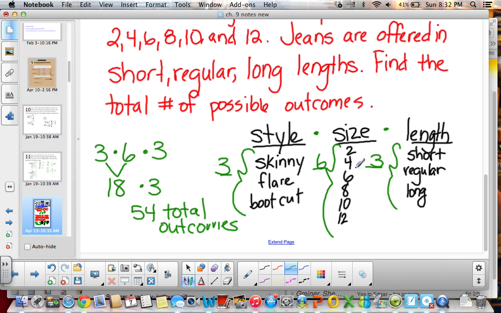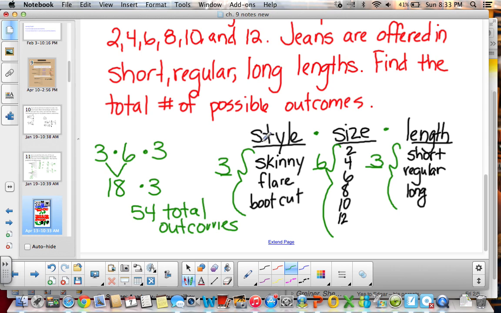We could, for sure, write out or make a tree diagram with our skinny, flare, and bootcut, and then we could have our arrows going to all our different sizes for each one, and then we could have our arrows going to each of the different lengths for each size. So it would get to be a really big tree diagram, but you definitely could do that.